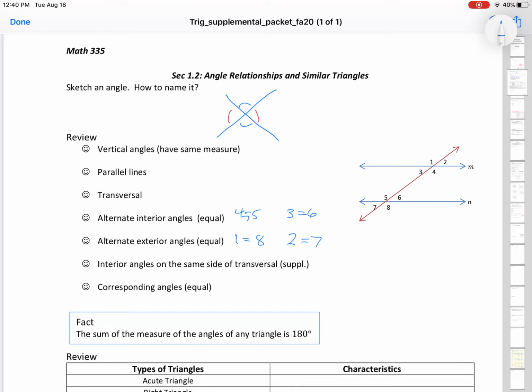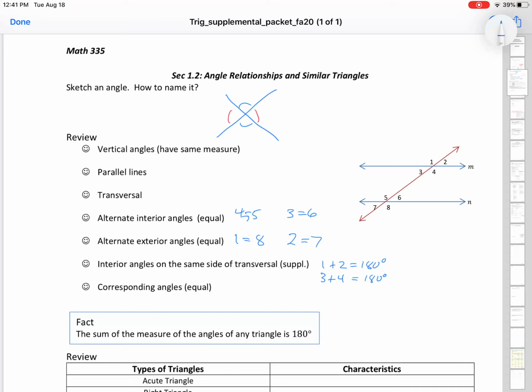Interior angles on the same side of the transversal are supplemental. Yet visually you can see that. You can see that angle 1 plus angle 2 adds up to be 180 degrees. And you can see that 3 and 4 also add up to be 180 degrees. So if you're on the same side of the transversal, and on the interior or even the exterior, it would add up to be 180 degrees.